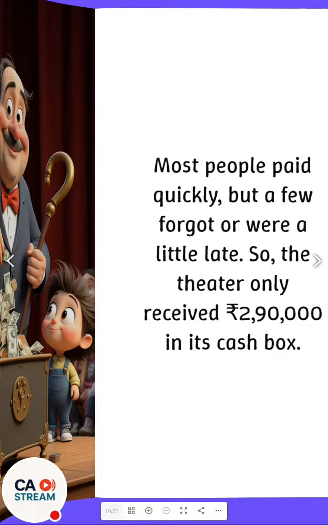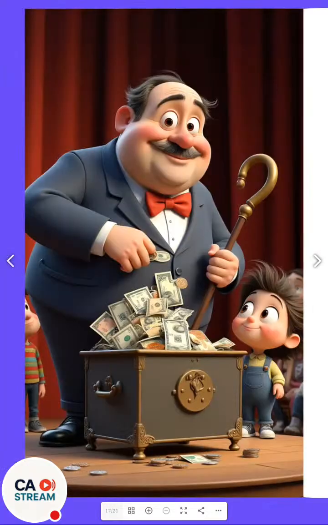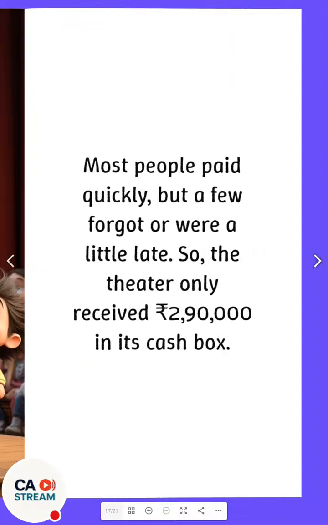Now what happened? See here in the image, the cash box is filled with money. Most people paid, sir. Out of the 50 rupees asked by the company from the 6,000 subscribers, we cannot call them shareholders at this point of time because the company hadn't allotted the shares to them.